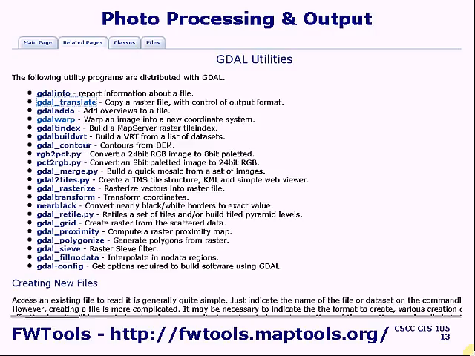If we continue on that idea of the FW tools and the open source command line utilities, and you look over a list of things that you can download, you see good, powerful words like warp and build and convert and rasterize and transform and compute, all kinds of different things that you can do to images.